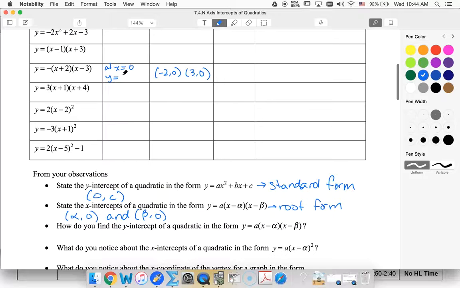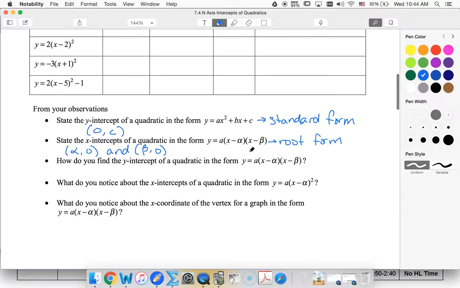When x is equal to 0, I'm going to get negative times 2 times -3, so I get +6. So I multiply the negative times the 2 times the -3 because the x equals 0 just goes away.